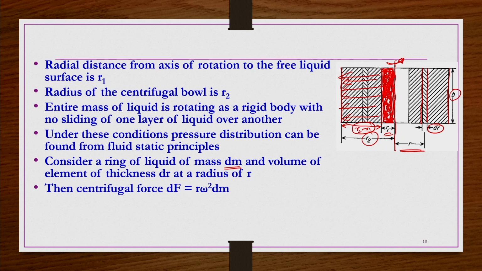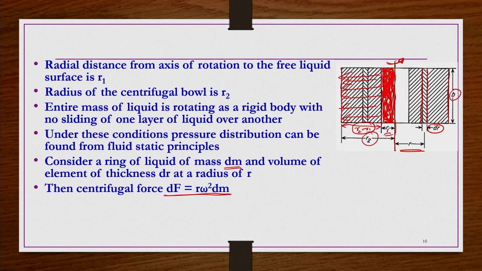So, the centrifugal force for that ring of liquid would be dF equals r omega square dm. Here r omega square is the centrifugal acceleration, just as acceleration due to gravity is g; the acceleration due to centrifugal force is r omega square.